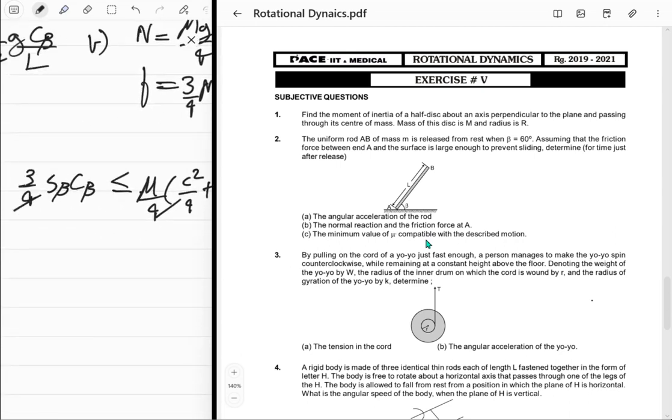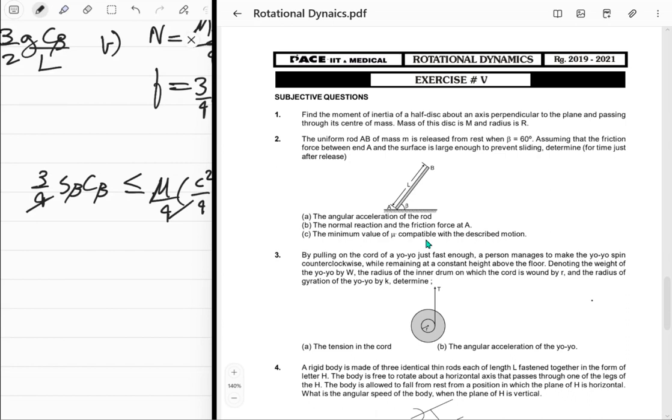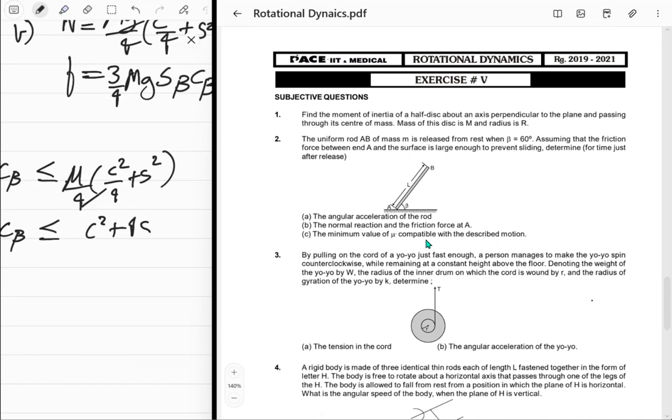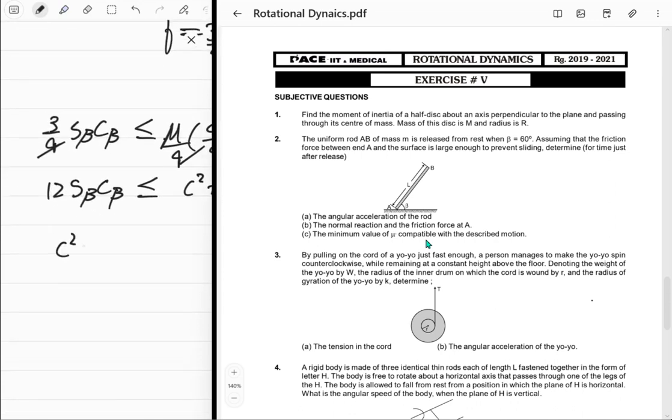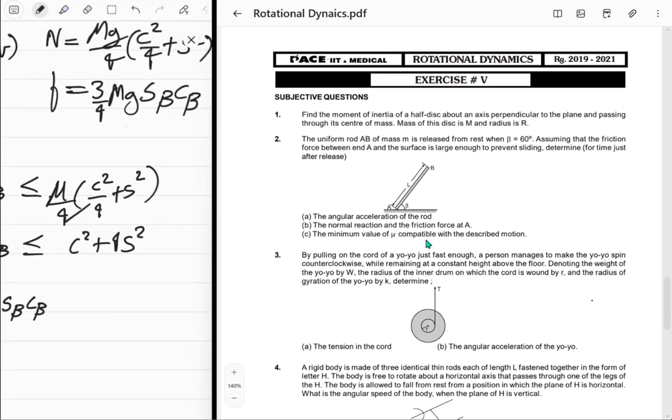Okay, and now what do we do? This is some weird thing. 12 sine beta cosine beta is less than or equal to cosine squared plus 4 sine squared, or cosine squared minus 12 sine beta cosine beta. Did I mess up somewhere? Wait, how did I get this mg upon 4 though?